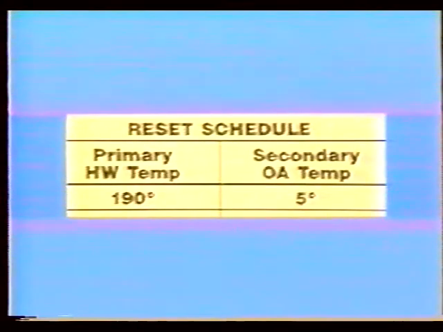Find the points where the primary and secondary values intersect at one end of the reset schedule. For example, our reset schedule tells us that at 5 degrees outside temperature, our hot water set point is 190 degrees. Find the point where primary scale 190 degrees intersects with secondary scale 5 degrees and put a dot.